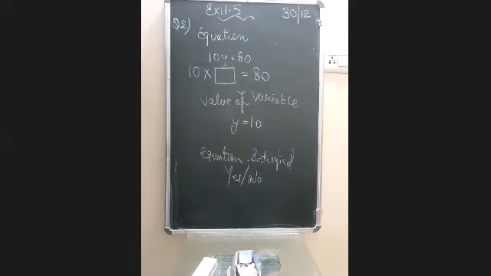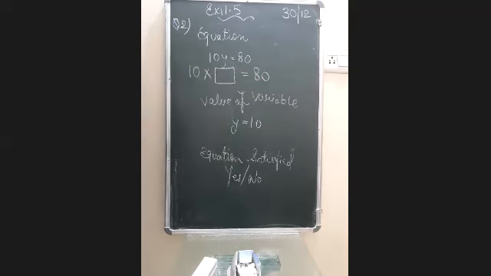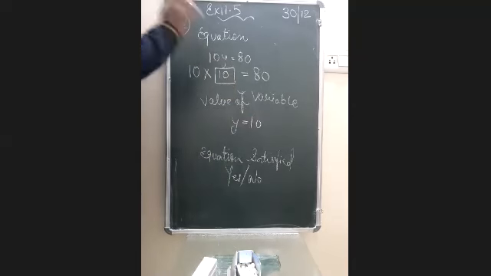This means you put 10 in place of that box and check whether 80 comes. If 80 comes, it means the equation is satisfied, and if it is not coming, it means the equation will not be satisfied. So let us put 10 in place of y, in place of the box. 10 into 10 gives you 100.